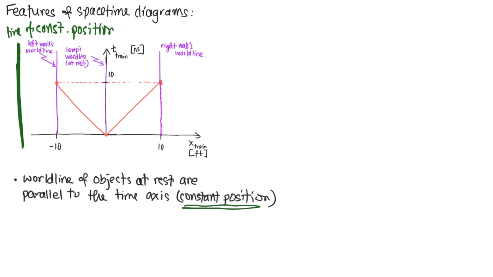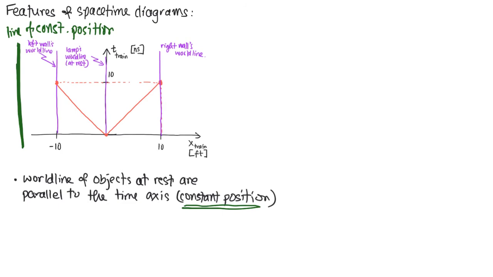The other thing that we notice is that we have two events here. The first event that's happening at 10 nanoseconds is that the left photon hits the left wall. And the second event, also at that same instant of time, simultaneous, is the right photon hits the right wall.